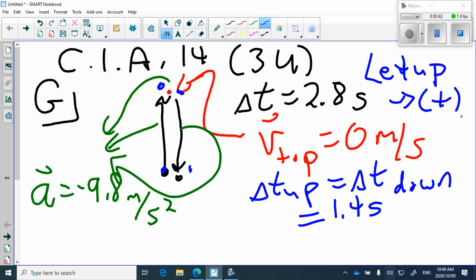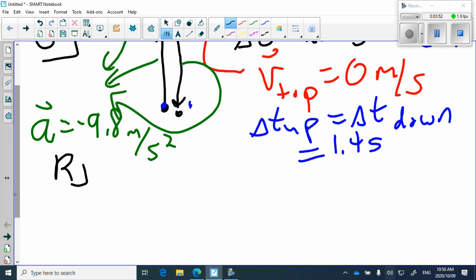So what they want to know is in the required, R for required, how fast was it moving when you shot it upward? So what we're looking for is velocity initial. How quickly did you throw it upward?